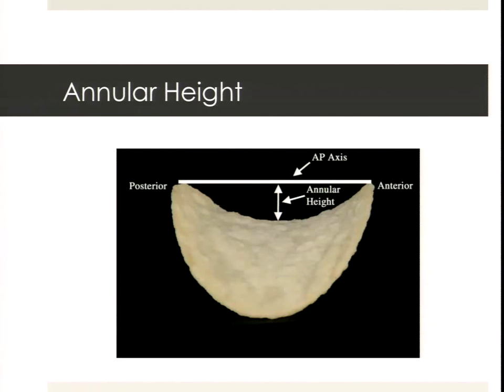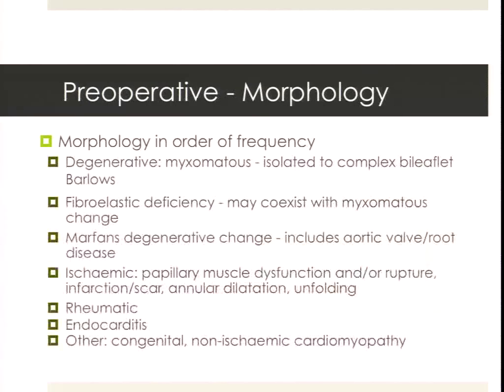So if you measure in the bicommissural view, you're measuring different levels. If you measure in the AP view, you're measuring a different plane. That's where these things come from. And essentially, in the perioperative context, all we're trying to do is give the surgeon the best tools to try and reconstruct an anatomical valve, because that beats anything else hands down.